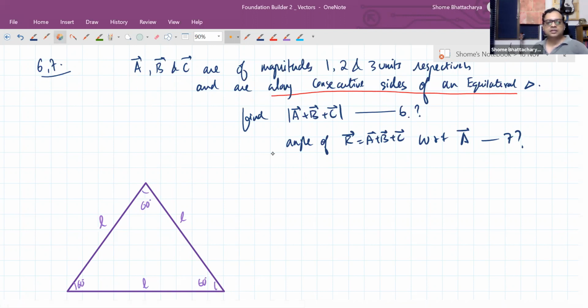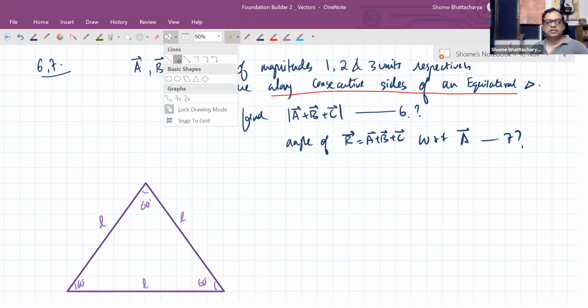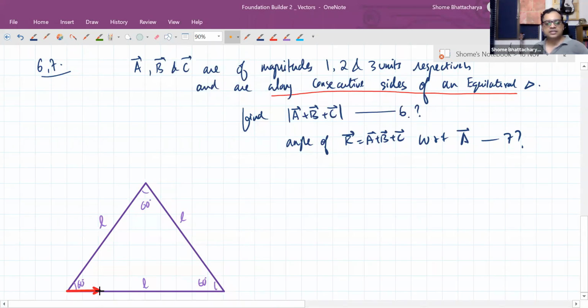In this diagram, the vectors A, B, and C will have to be drawn like this. The vector A is in this direction of magnitude 1, let's say. Vector B is along this direction and of magnitude 2. And the vector C is along this direction, like this. This is the meaning of this statement. So this would be the vector A of magnitude 1, this would be the vector B of magnitude 2, and this would be the vector C of magnitude 3.